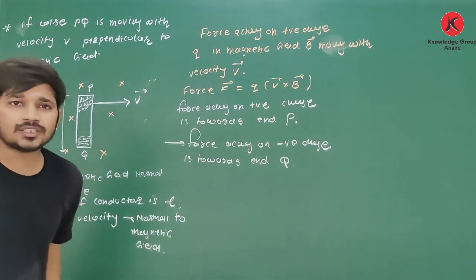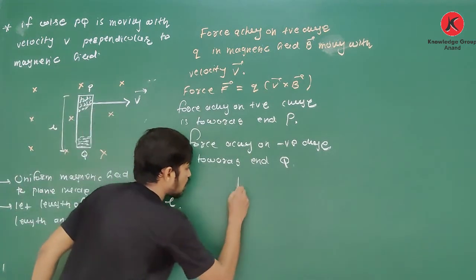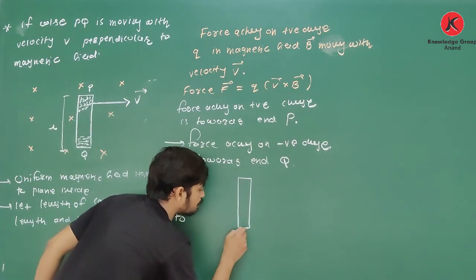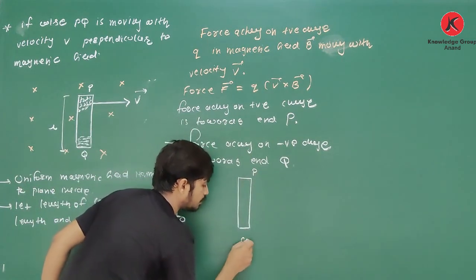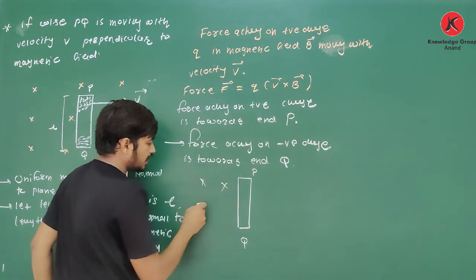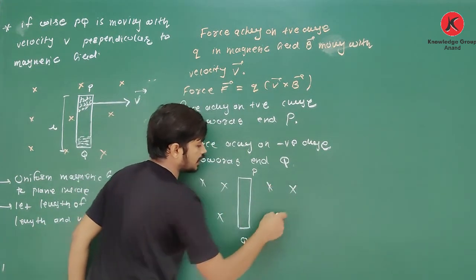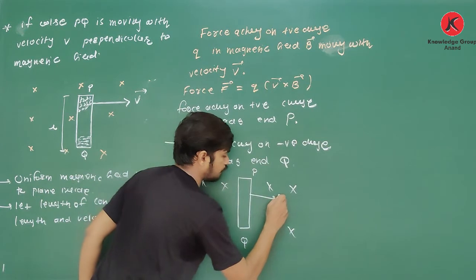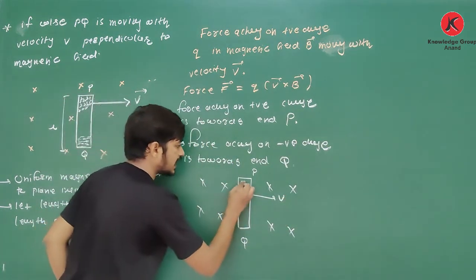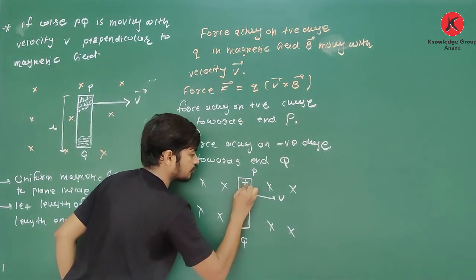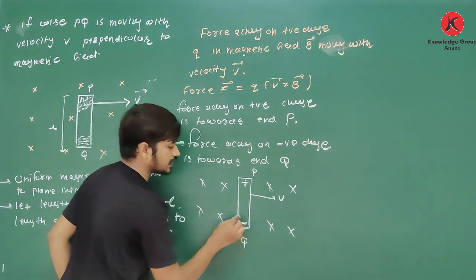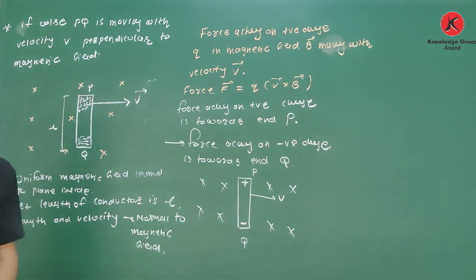Yes or no? So what happens when this wire PQ is moving in a uniform magnetic field with velocity V? This end P becomes positive and this end Q becomes negative. Clear about this?